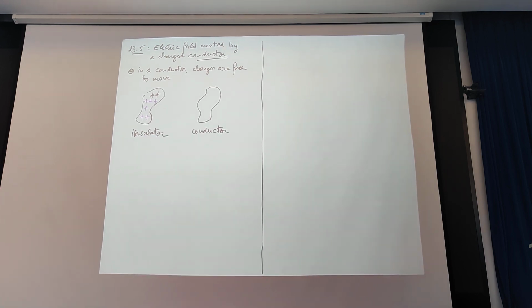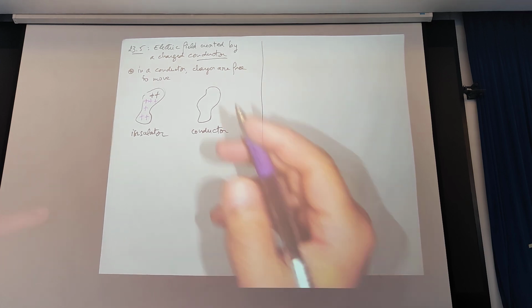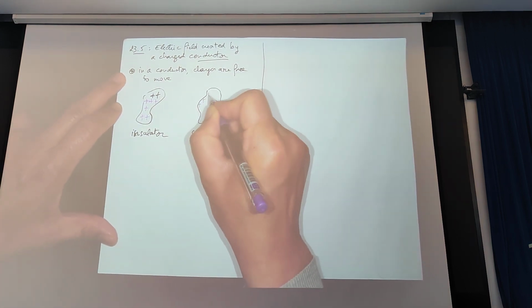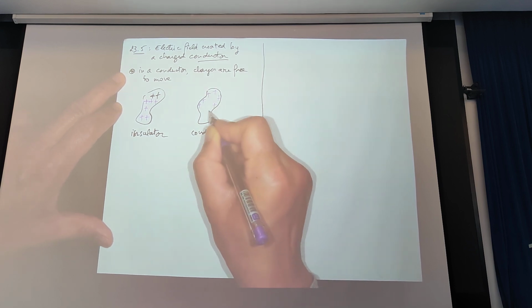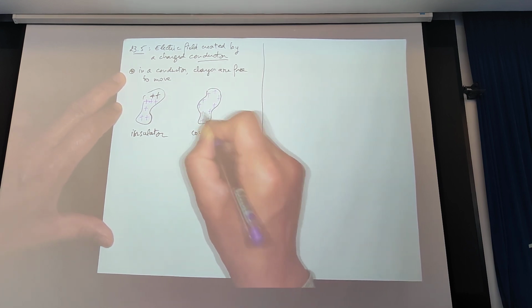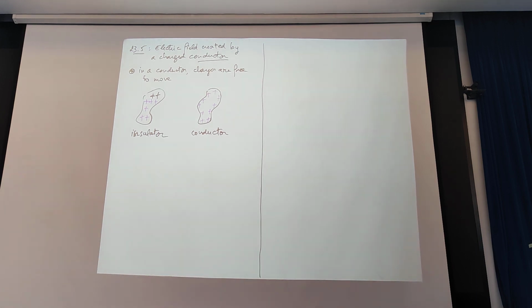Because the charges are all the same sign, they will have the tendency to repulse each other. And how can they repulse each other? They will go to the surface, because this is the best way to optimize the distance between each charge. Do you understand this?